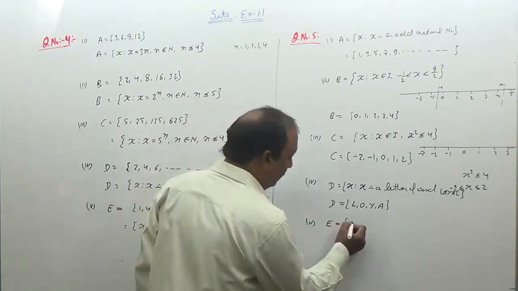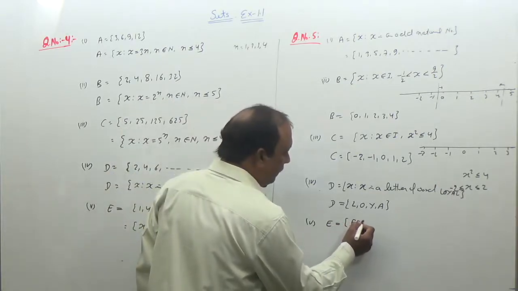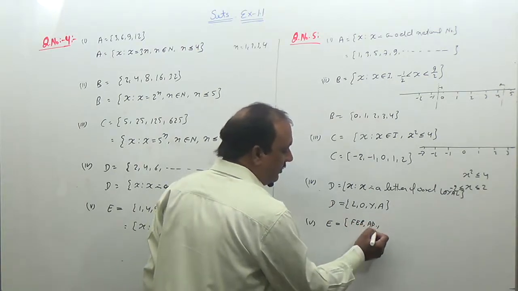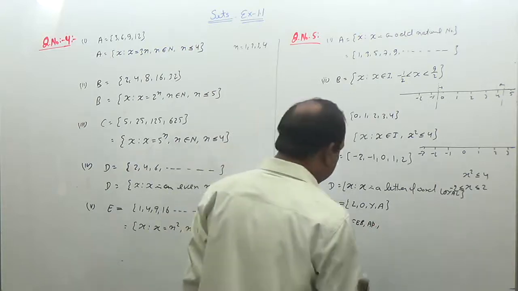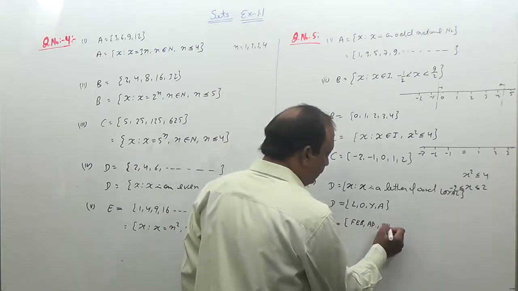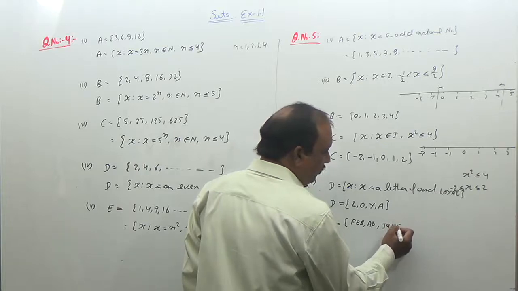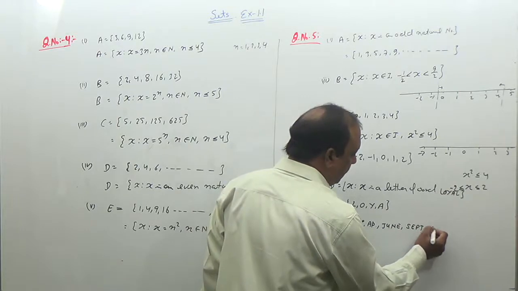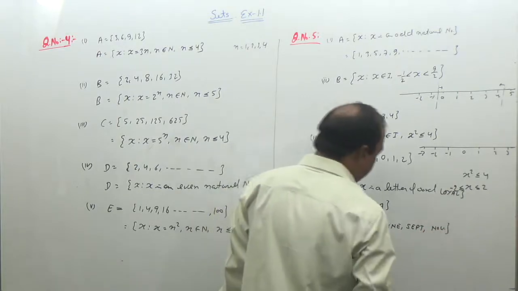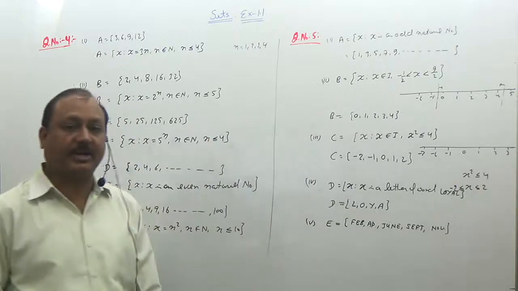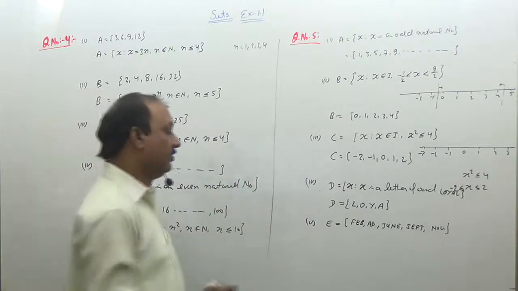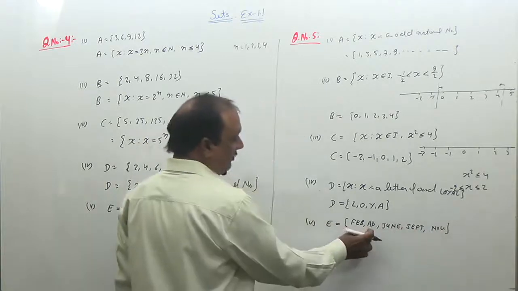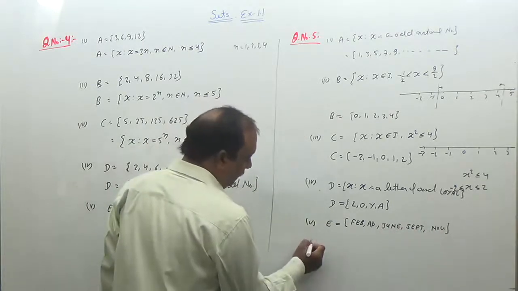First is February, second is April, third is June, July, August, and next is September, next is November. So these are the months of the year which do not have 31 days. So we have listed the names of the months of the year. So this is the roster form.